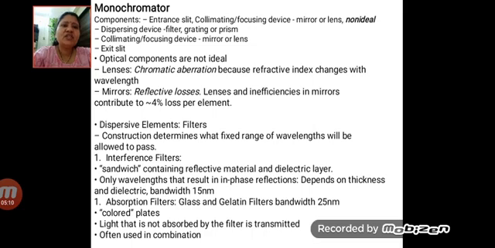They are a sandwich containing reflective material and a dielectric layer, consisting of two parallel glass plates silvered internally and separated by a thin film of cryolite or other dielectric material. Such filters use the interference of light waves rather than absorption to eliminate undesired radiations.